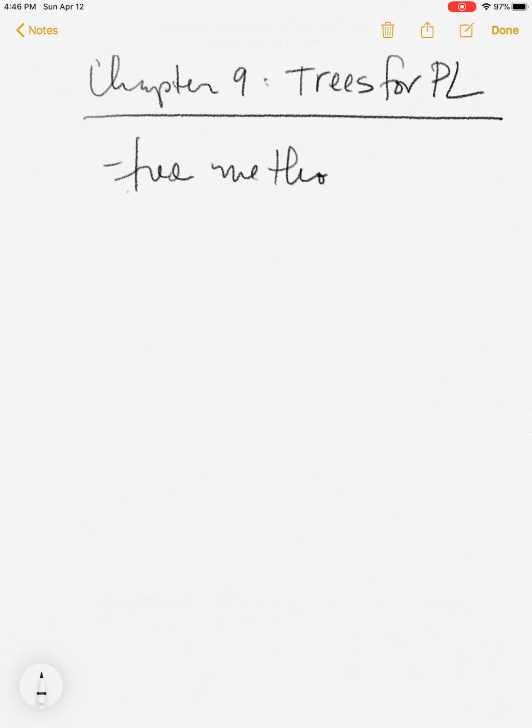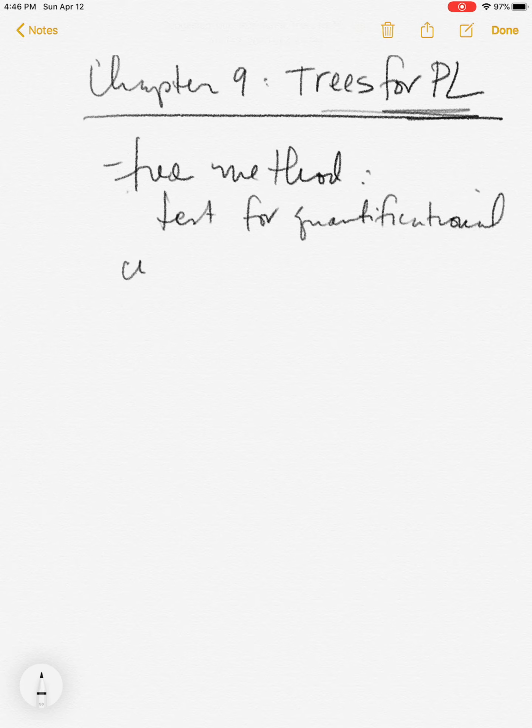There we are. The tree method is a test for consistency. So the tree method for PL is going to be a test for quantificational consistency. The tree method that we were using for sets of sentences of SL was a test for truth functional consistency.